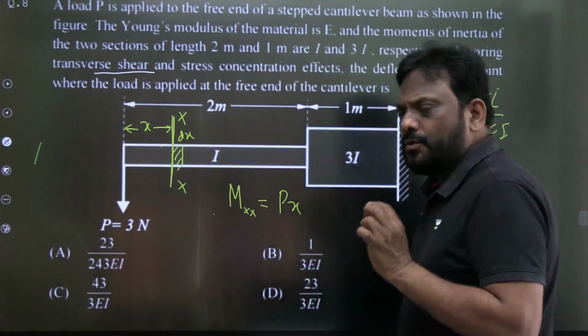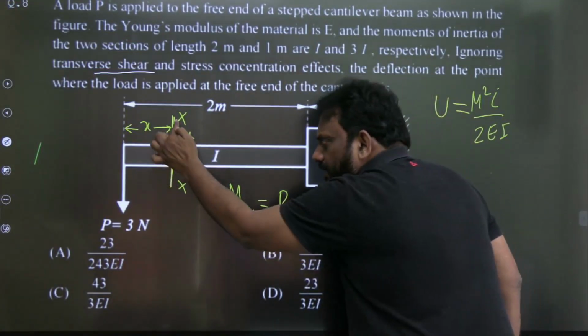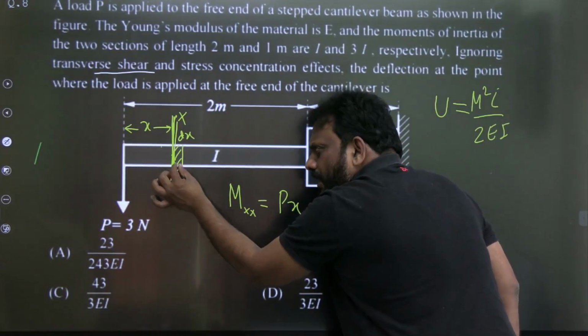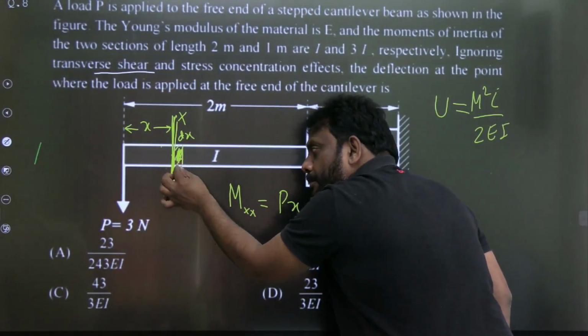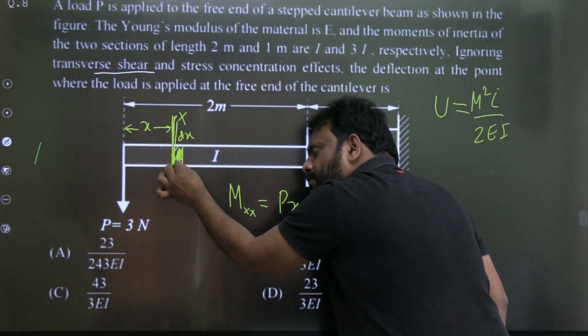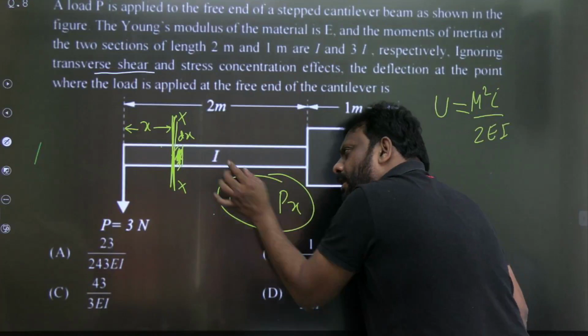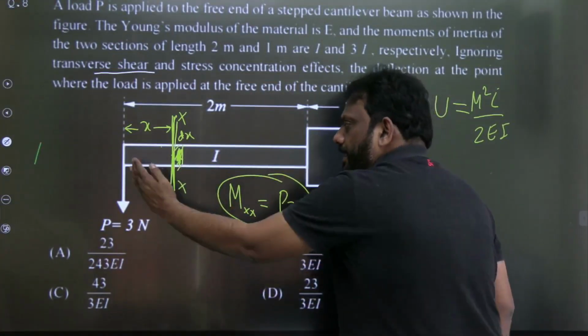Listen carefully. This bending moment is varying with x. At this section, the bending moment is P into x. In the small length dx, the variation is very small, so I can assume the bending moment to be constant. So in that small length, let us calculate strain energy, and if I want the total strain energy, I'll integrate.